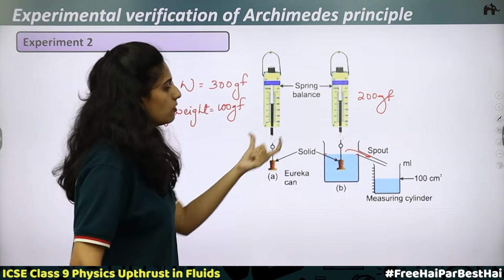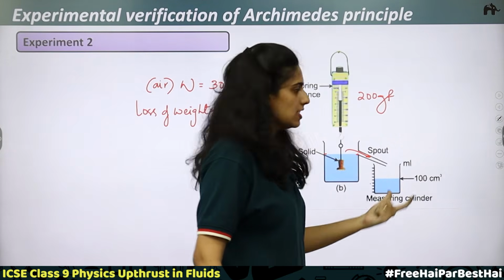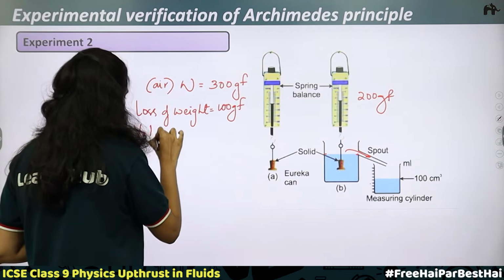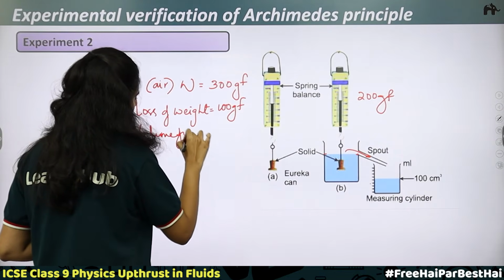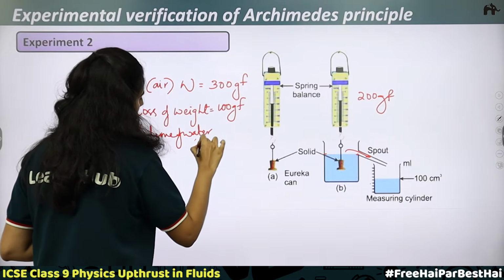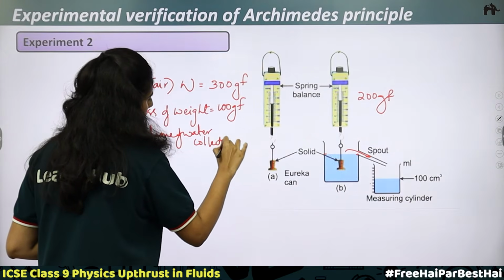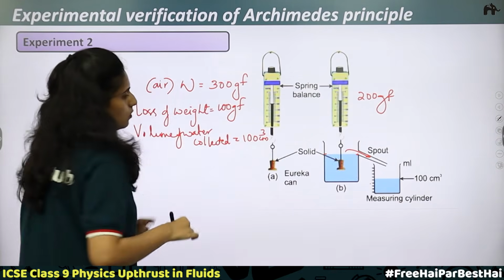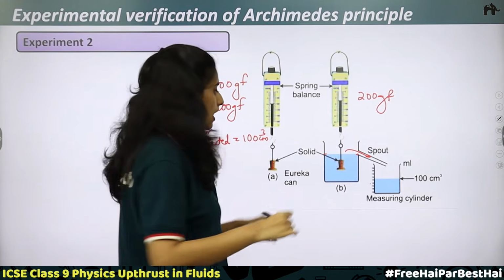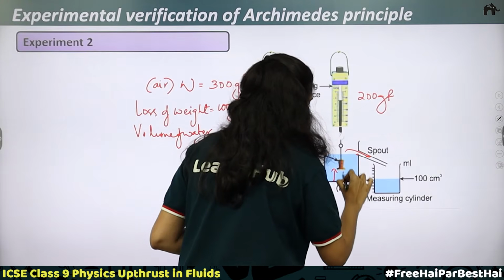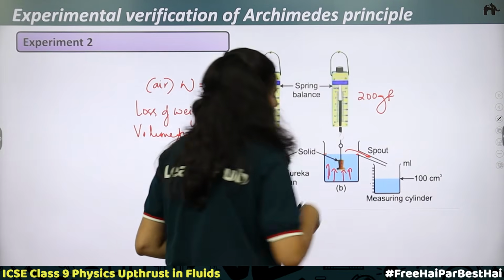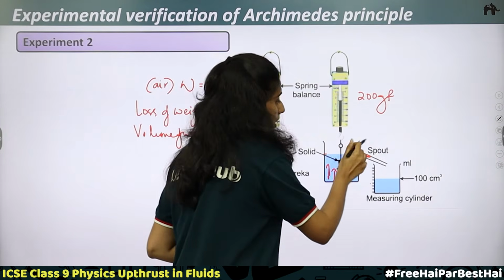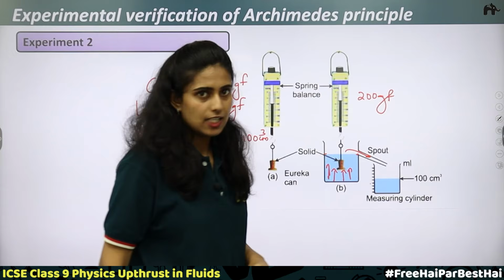Now when you measure the volume of water collected in this measuring cylinder, it will be equal to 100 centimeter cube. So when the solid was inserted here, there is an upward force acting, upthrust or buoyancy.